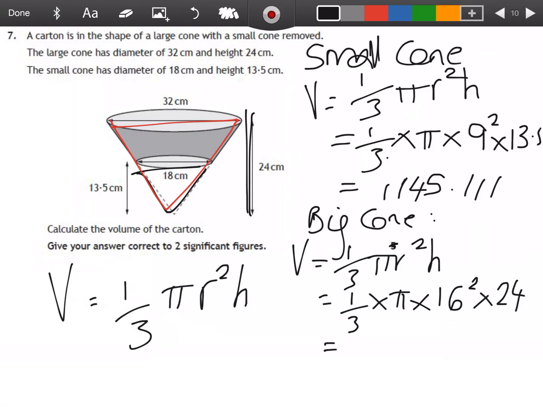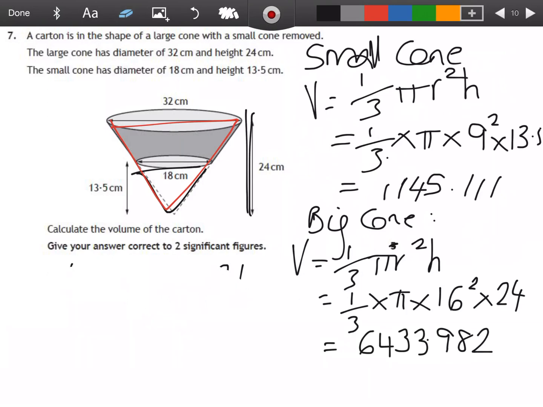Okay. 1 divided by 3 times pi times 16 squared times 24 gives us 6433, something like that. 0.982, we'll see.